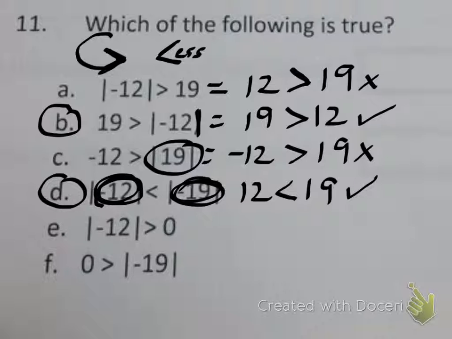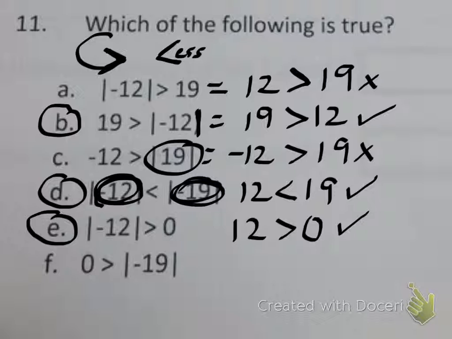So D is one of them. That's correct. Then, for E, once again, this is absolute value, meaning how far from 0. Negative 12 is 12 places back from 0. And then we put in our sign, and this is just a regular 0. Is 12 greater than 0? Yes, 12 is greater than 0.